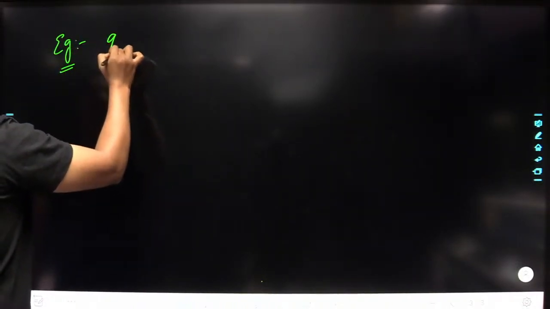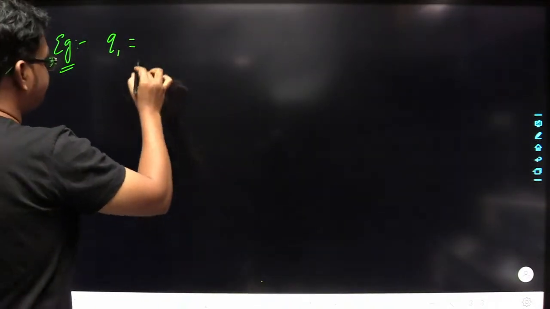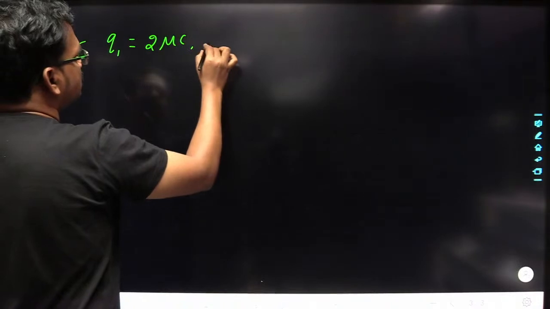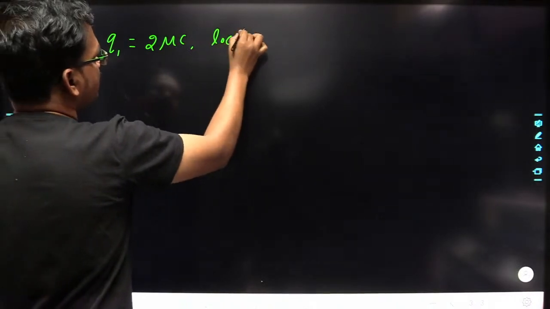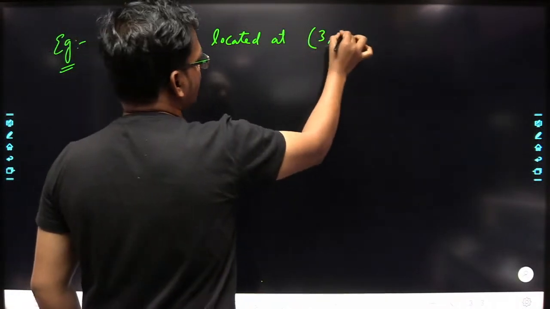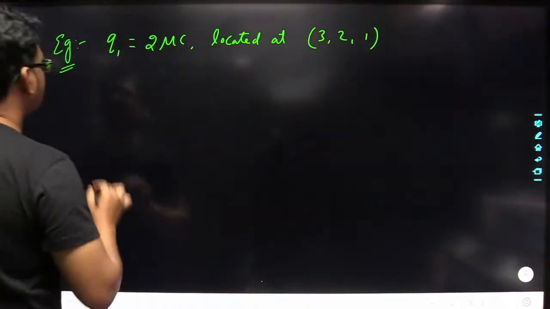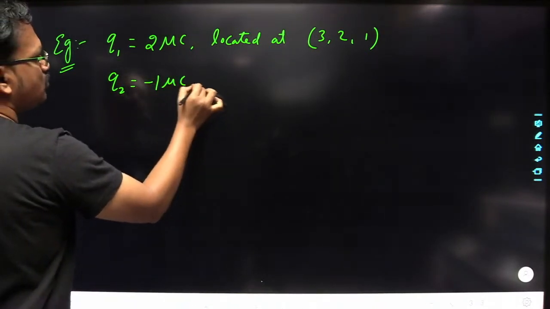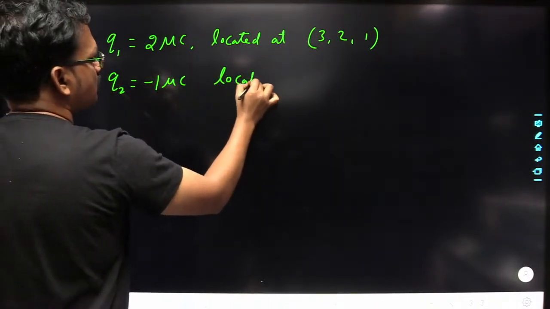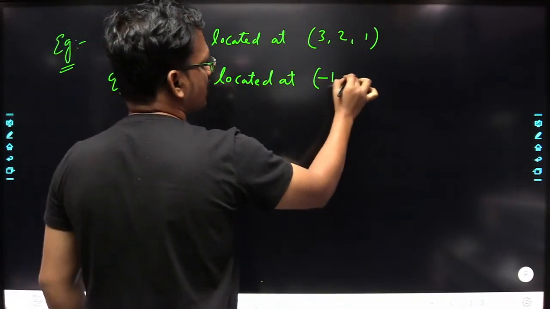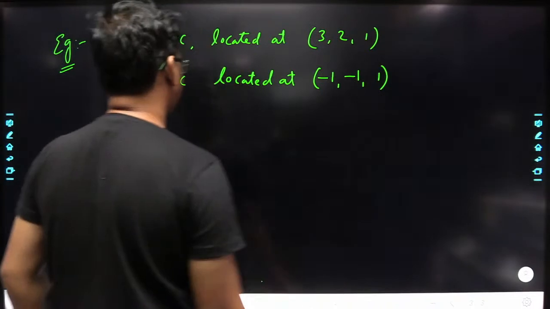Let us take Q1 equal to 2 microcoulomb located at 3, 2, 1. Q2 is equal to minus 1 microcoulomb located at minus 1, 1.